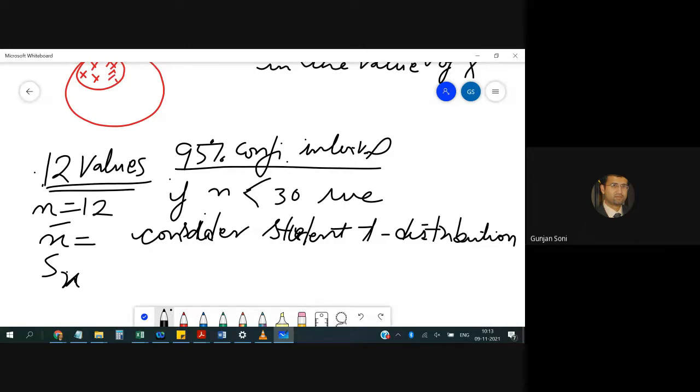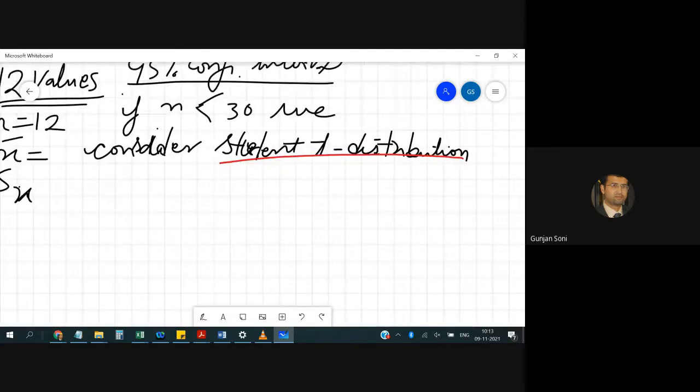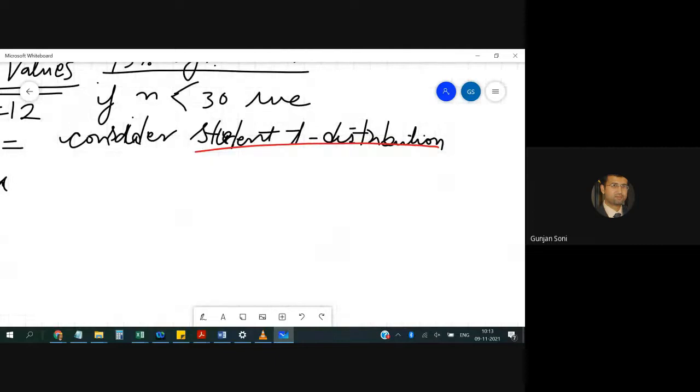In the last class, we had discussed normal distribution, right? Now, this is a new type of distribution which is coming in, that is student t distribution. Don't get confused. It's just kind of a frequency distribution converted into a normal probability distribution. So how is it different from a normal distribution?